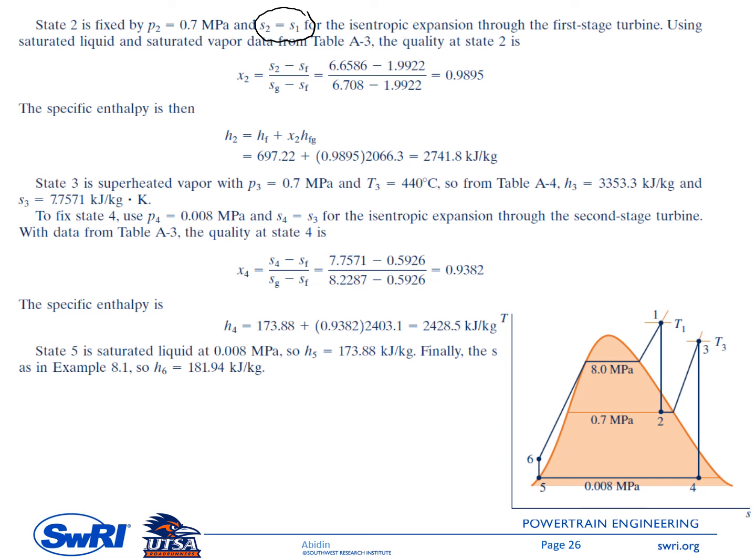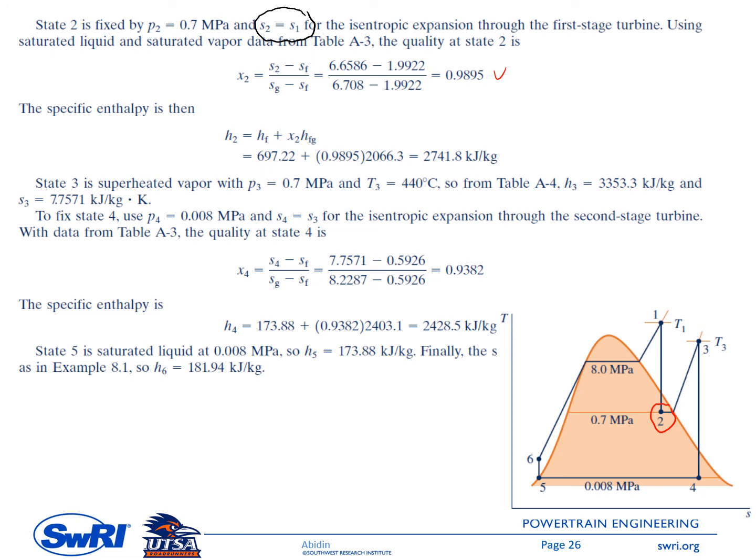Go to table A3 and then compare S2 versus SF and SG. In this case, S2 is lower than SG, and for sure it is higher than SF. Therefore, point 2 is inside the dome. Then you can use S2, SF, and SG at 0.7 megapascal to calculate the steam quality. In this case, we have 0.9895.